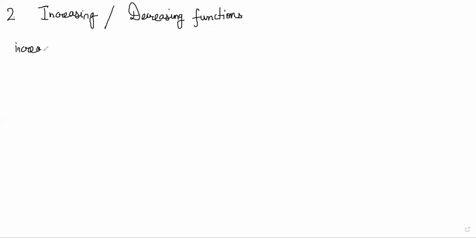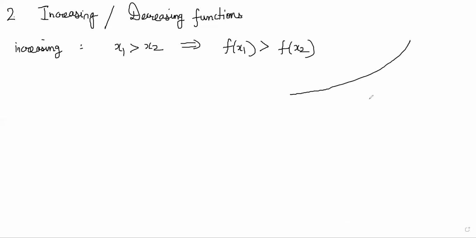Increasing on an interval means basically if x1 is greater than x2, then it implies that f of x1 is greater than f of x2. That is the meaning of increasing. As you go forward, it is going up. And decreasing means x1 is greater than x2 implies f of x1 is lesser than f of x2.